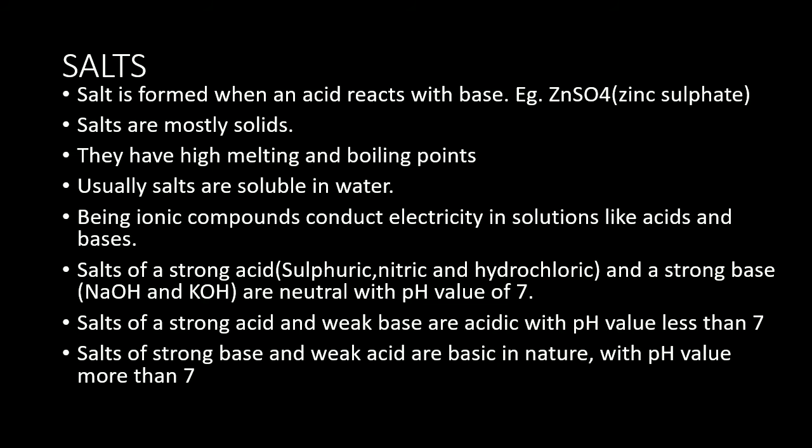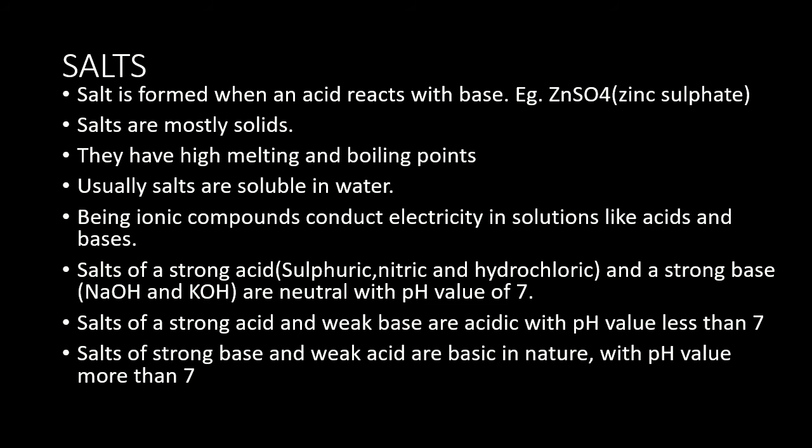When a strong acid and a weak base combine together, here which one is strong? Acid. So the salt will be predominated by acid. So the salt will be acidic in character. The salt of a strong acid and a weak base will be acidic in nature.